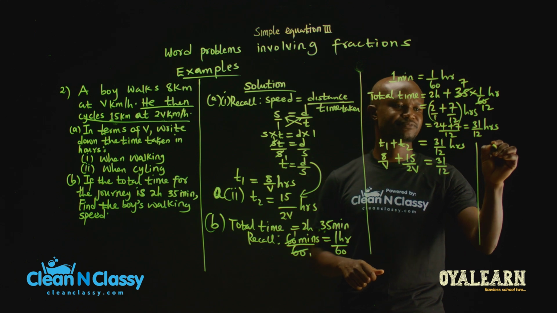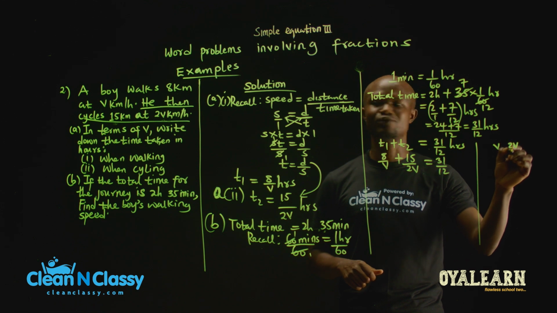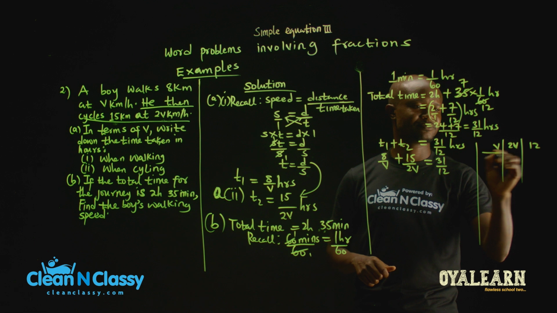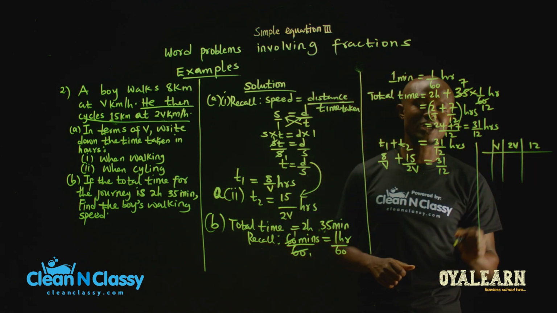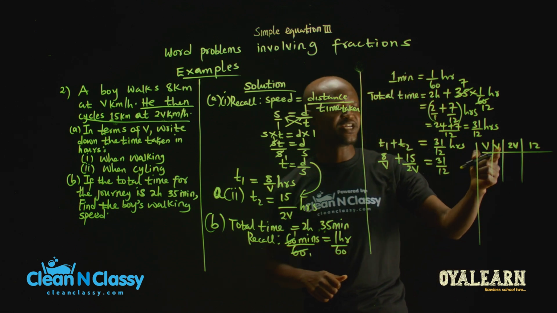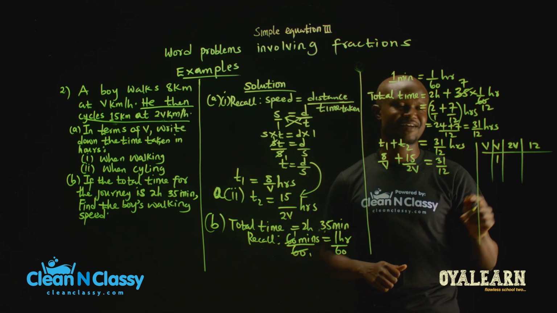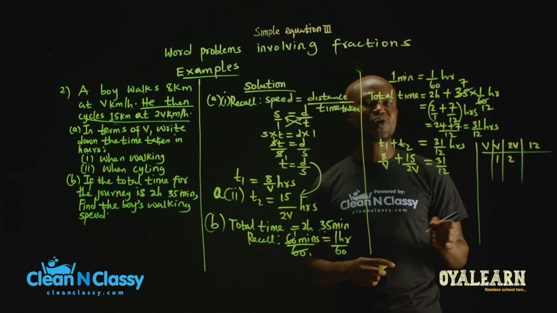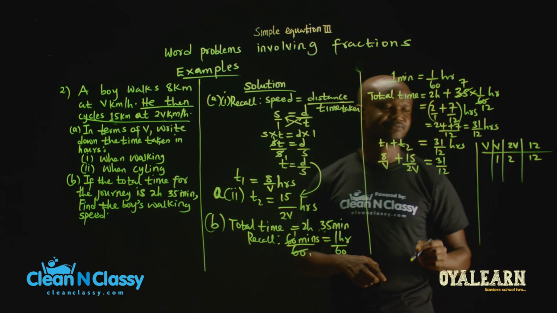We have V, and we have 2V, and we also have 12. These are the denominators. We want to get the LCM. Now, what can we use to divide this? We can use V. V divided by V, we have 1. 2V divided by V, we have 2. 12 is not a multiple of V, so we'll still write 12 here.